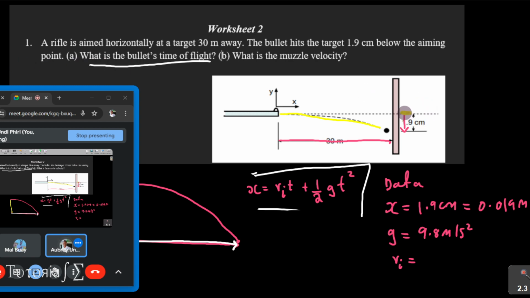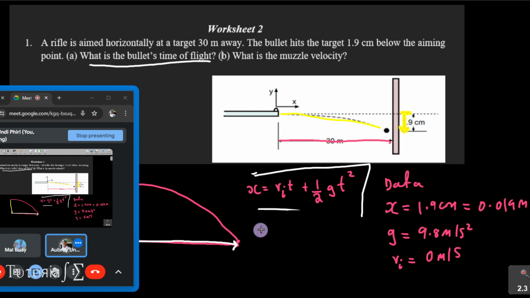So starting from there, going down there, the initial velocity will be 0 because it is falling from there, then it goes down. So the initial velocity in this case will be 0 meters per second. Then we just put in our formula there.